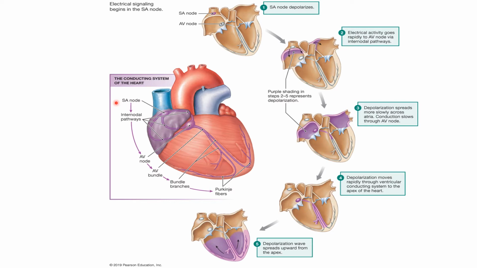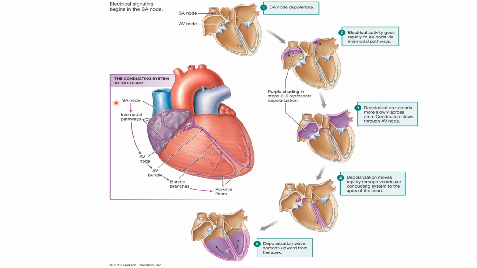So you will notice that the electrical signal always precedes the mechanical signal. And those electrical signals are going to originate in the autorhythmic cells first. Then the message is going to be transmitted to the contractile cells. Then the heart can go ahead and contract.